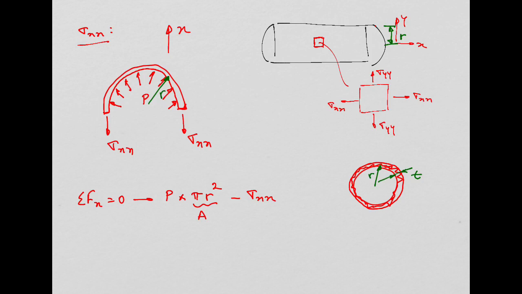So my area is equal to 2 pi r, which is the perimeter, times the thickness. This is the area where the stress is applied, while the other is the area where the pressure is applied.